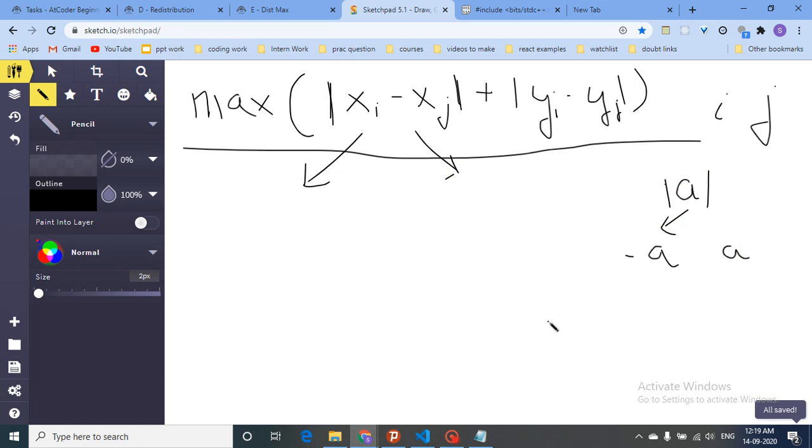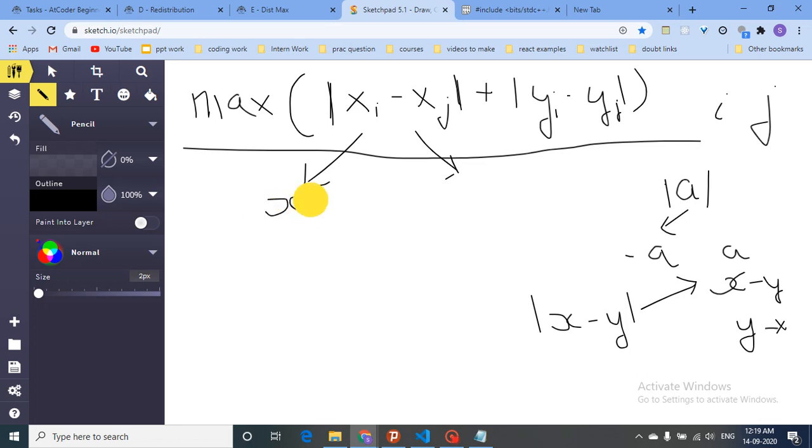Because let's assume you have some x minus y mod, then its answer can be either x minus y or y minus x, because whatever is positive you will take down that value, and that's the answer. So if that's the xi minus xj, then it can be either xi minus xj or xj minus xi, and same for this. So there are actually 4 possible combinations.